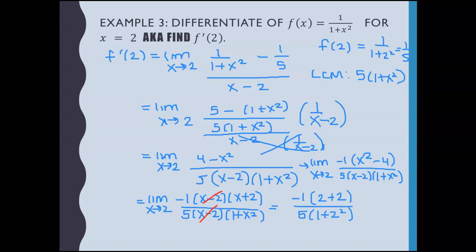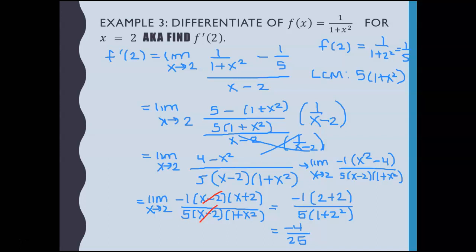Two plus 2 is 4 times negative 1 is negative 4. 1 plus 2 squared is 5. 5 times 5 is 25. So we see that f prime of 2 is negative 4/25.